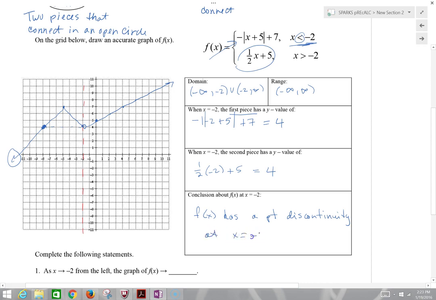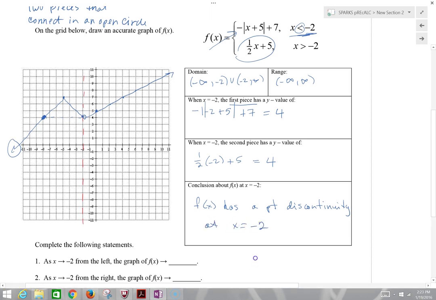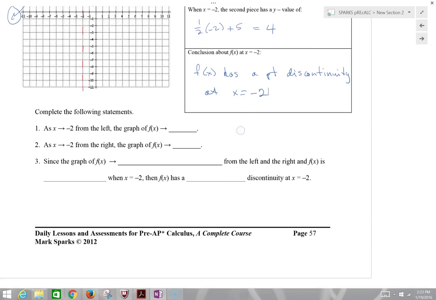at x equals -2. Mathematically, we could talk about what happens from the left and the right. We would say as x goes to -2 from the left, the graph of f of x goes to +4. We're going to use that arrow to mean goes to. As x goes to -2 from the right, the graph of f of x also goes to 4.